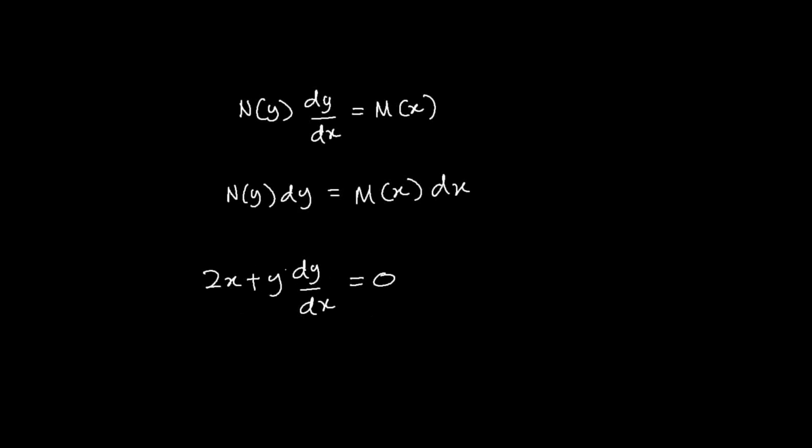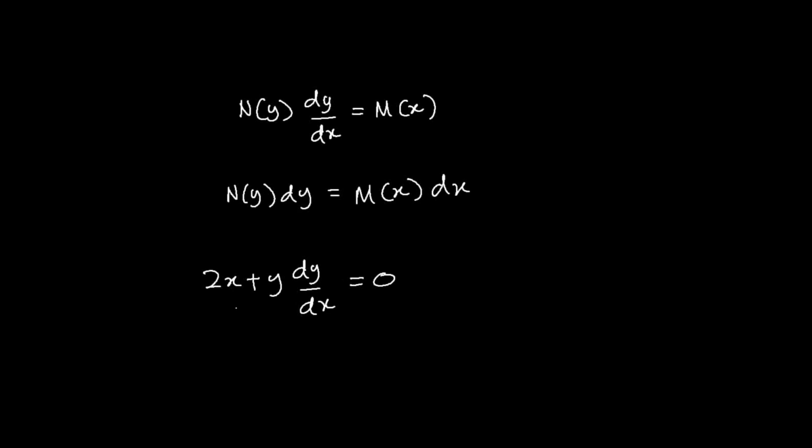The first thing you have to do here is to check whether it is separable, which means you have to check whether you can separate the terms with the x variable at one side and the terms with the y variable at another side. Looking at this, it is separable because we can group the terms with the x variable at one side and the terms with the y variable at another side.